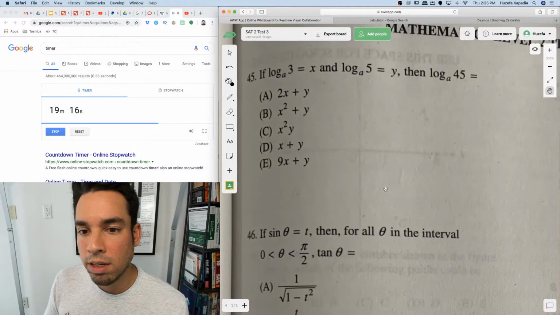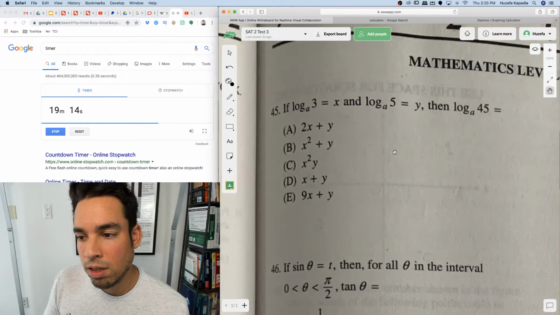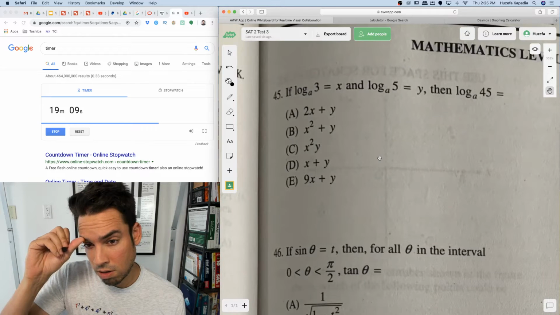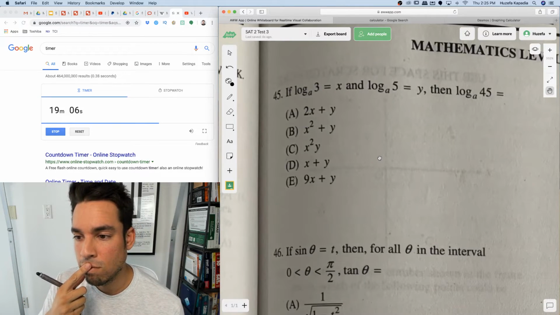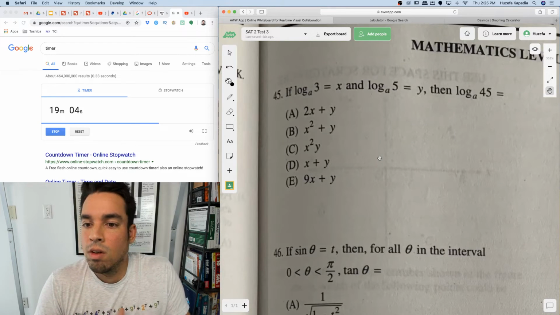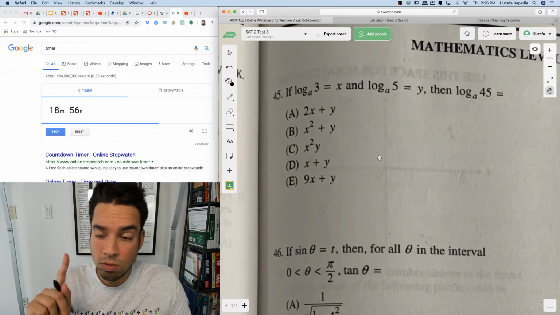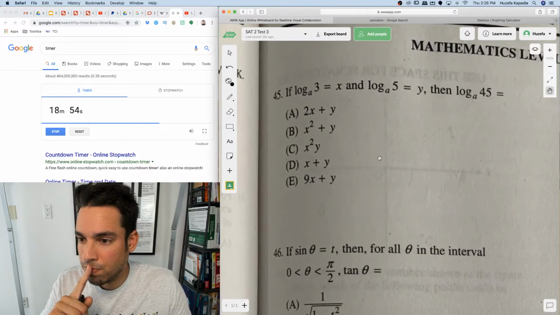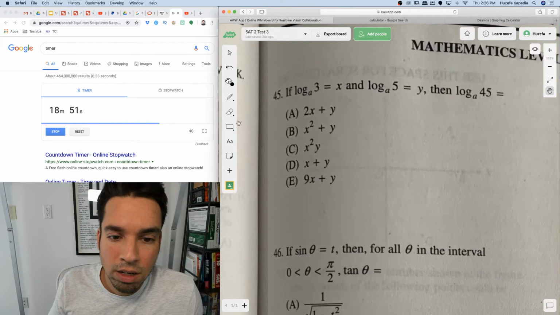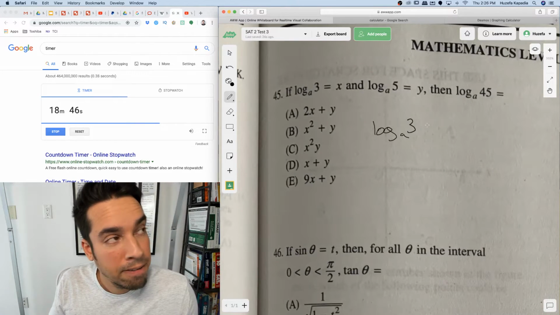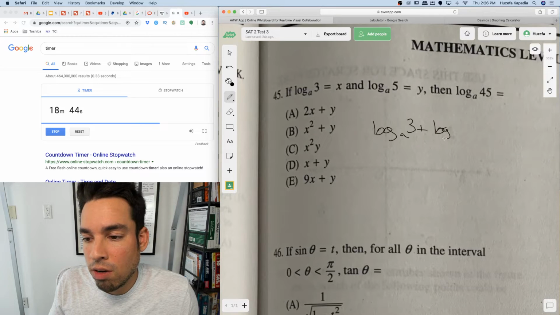All right, next. Log A equals... Wait, hold on. No, wait, I have to use my logarithm rules. Oh, I know what to do. Oh, yeah, here we go. This is log base A of 3 plus log base A of 3 plus log base A of 5.